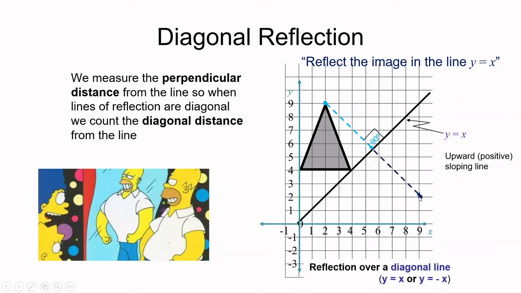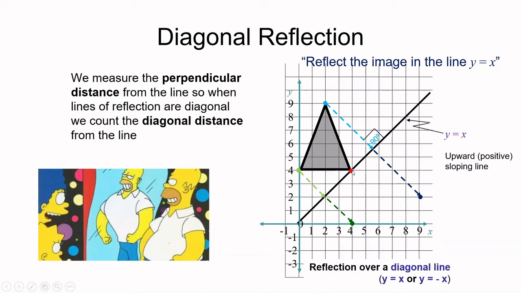So this is the reflection of this point on this image. The next point is directly on the mirror line. And as we saw before, if my image is squashed against the mirror, my reflection is squashed against the mirror. And then my third point is 2 diagonals from the line. So its reflection is 2 diagonals away on the opposite side of the line.